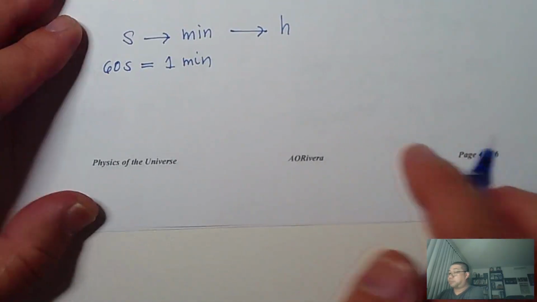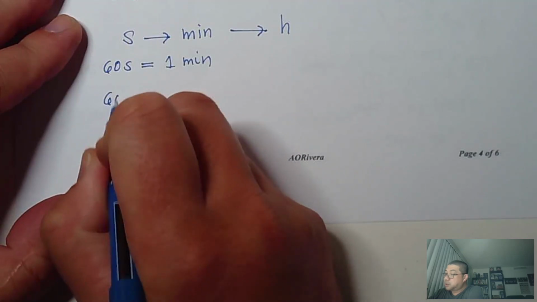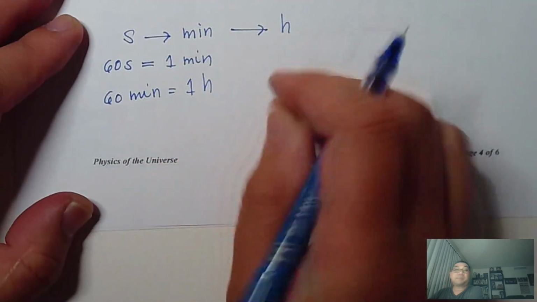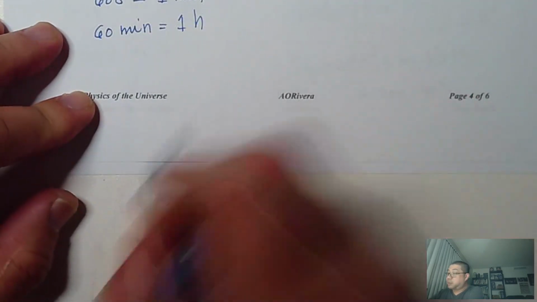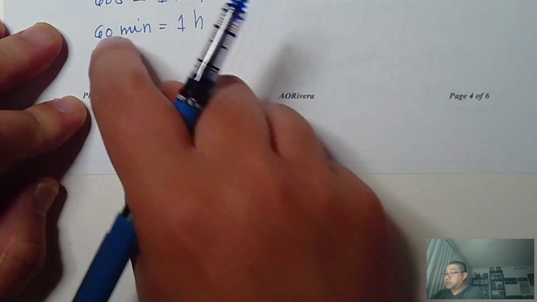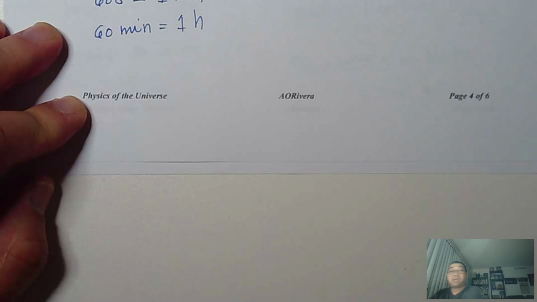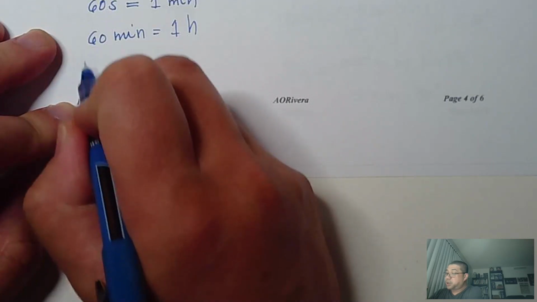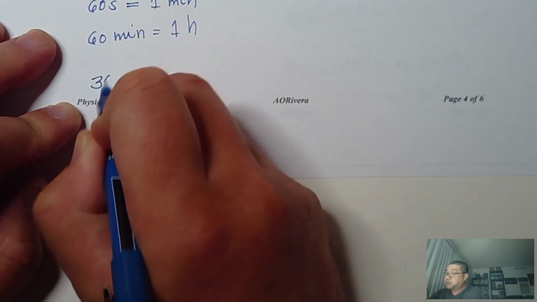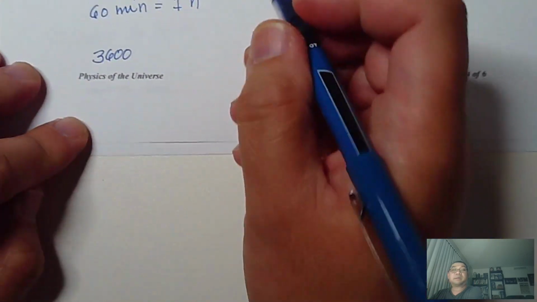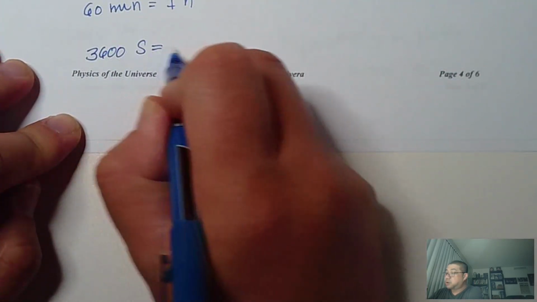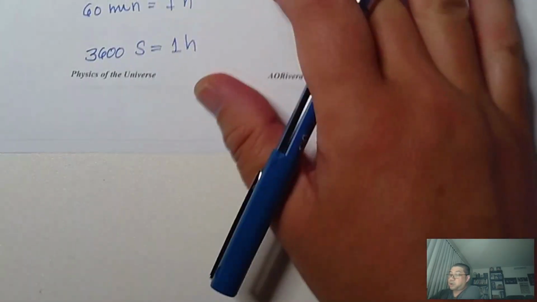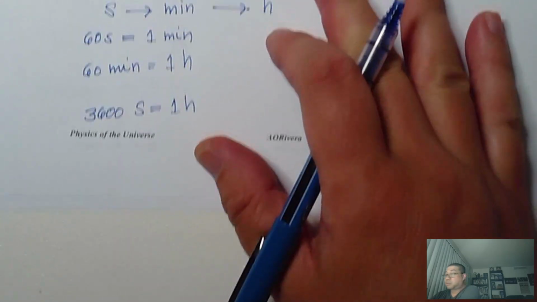There are 60 minutes in 1 hour. If you multiply 60 and 60, how many seconds are in 1 hour? 60 times 60 is 3,600 seconds, which is also equivalent to 1 hour. Make sure that you are aware of those different measurements.